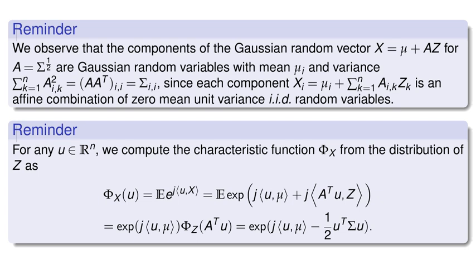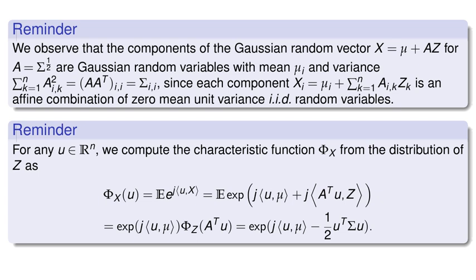The expectation term is the characteristic function of z evaluated at the vector A transpose u. Recall phi sub z of v is exponential minus 1/2 norm v squared, or exponential minus 1/2 v transpose v. So phi sub z of A transpose u is exponential minus 1/2 times A transpose u transpose times A transpose u, which simplifies to exponential minus 1/2 u transpose A A transpose u.